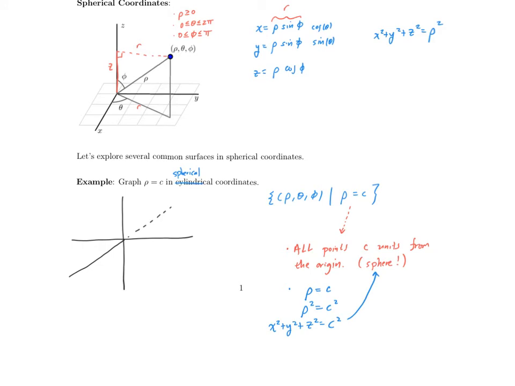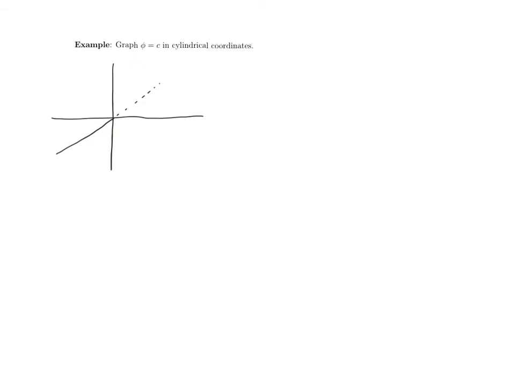So graphically, we have a sphere centered at the origin with radius of a constant c. And not surprisingly, I will note that spheres centered at the origin are going to be highly conducive to using spherical coordinates.